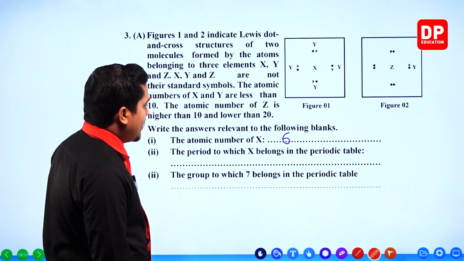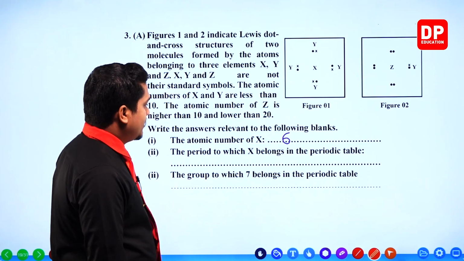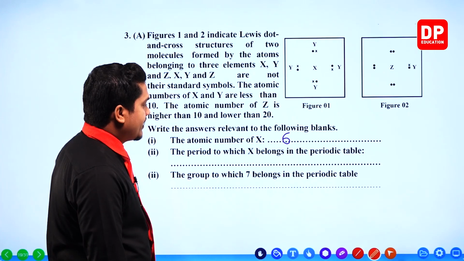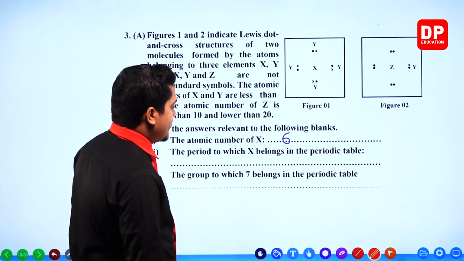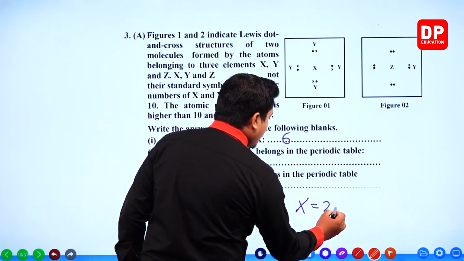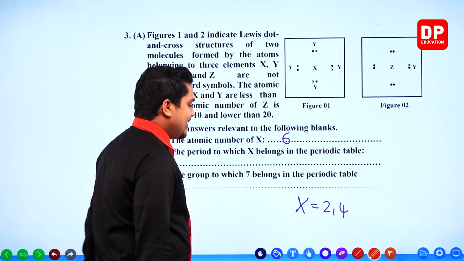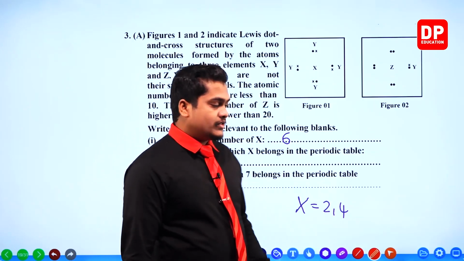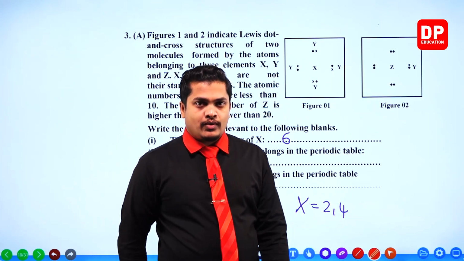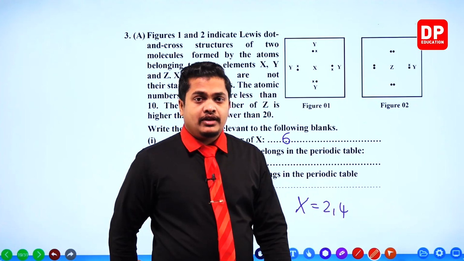Next, the period to which X belongs in the periodic table. So you have to get the period. The electronic configuration of X is 2, 4, right? The period number is given by the number of energy levels used to write down the electronic configuration.